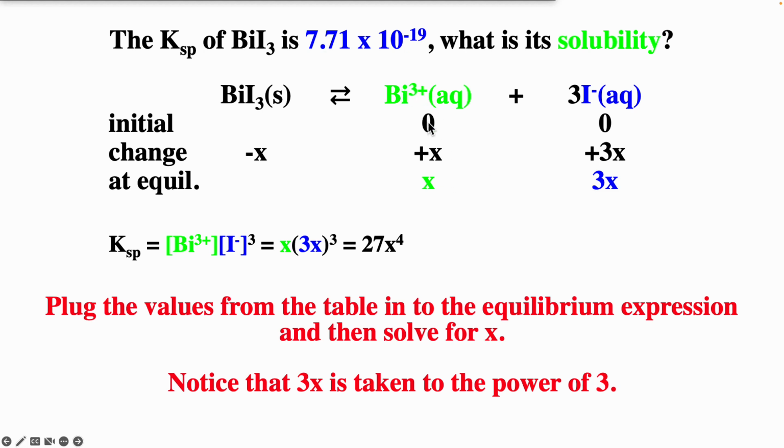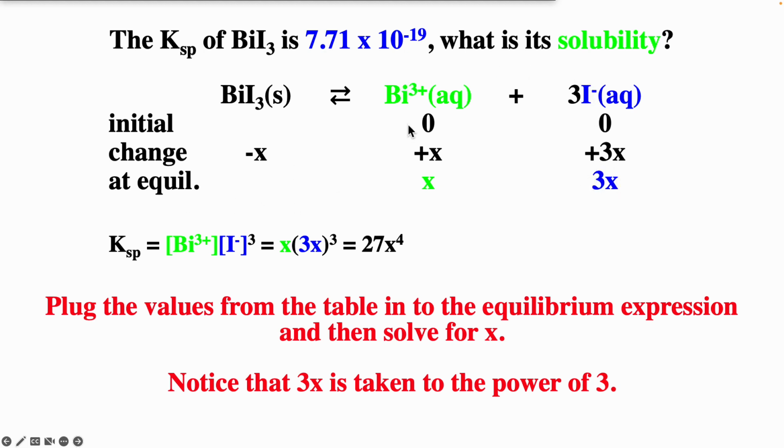For the bismuth ion, we have X. So X goes there. For the iodide ion, we have 3X. So that becomes the iodide concentration. Now notice we have 3X and it gets cubed. Based on the ratio, when one of these dissolves, you get one of those and three of those. That's how we got the 3X.